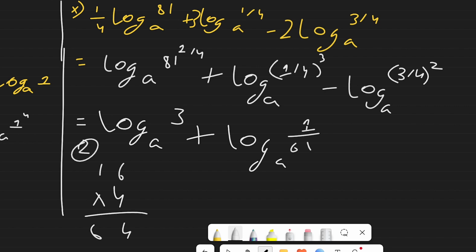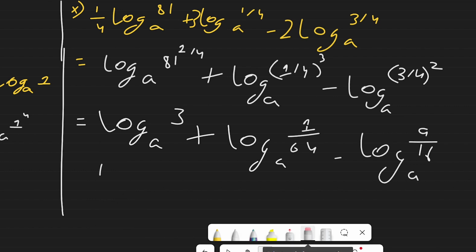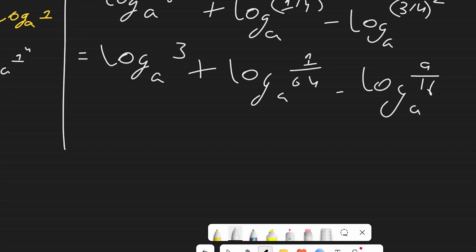Okay, log of 1 over 64 minus log of 9 over 16 a. Okay, so that is how it's done.